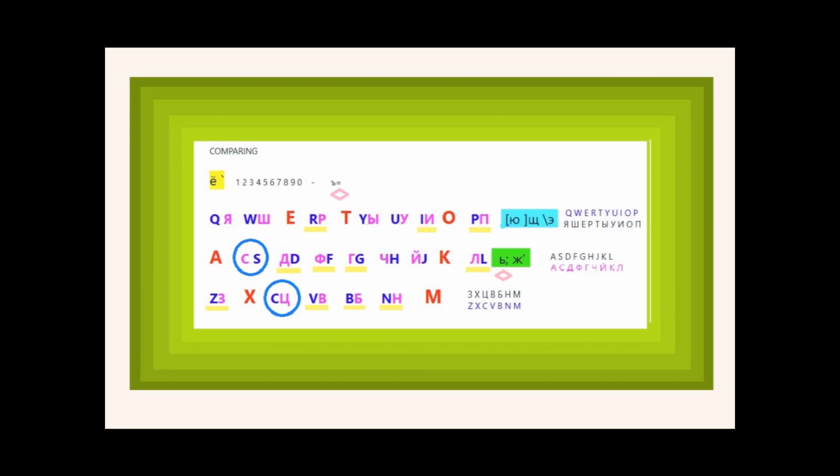So this is not a vowel and not a consonant. In the English language we have Y, which we can also put in the category of not a vowel and not a consonant. So this is Russian Й, which looks like Russian И with a little bird on the top.